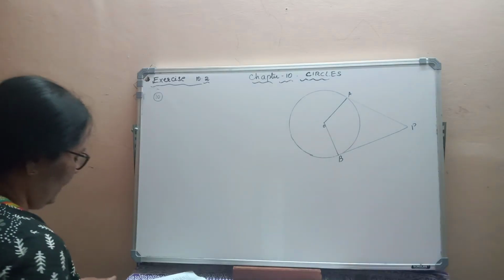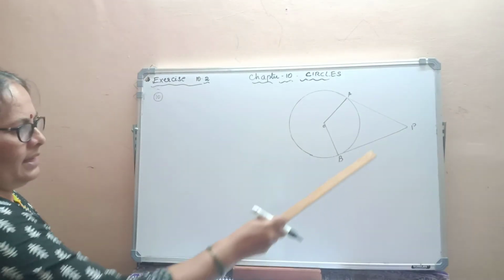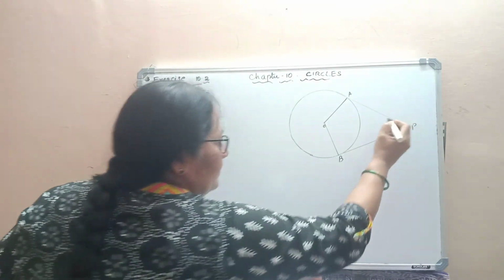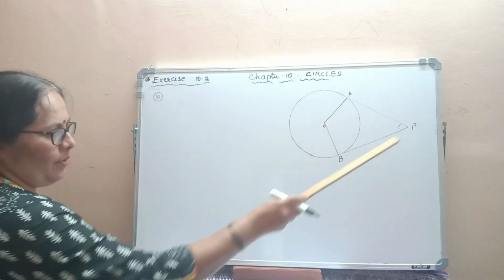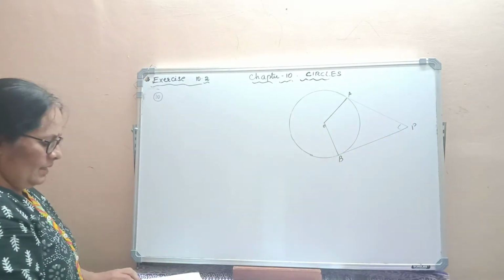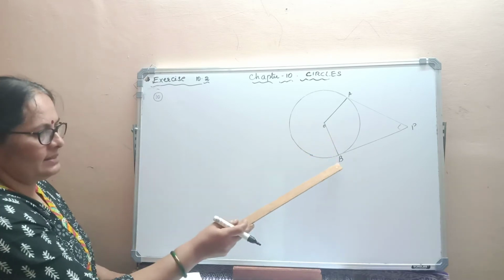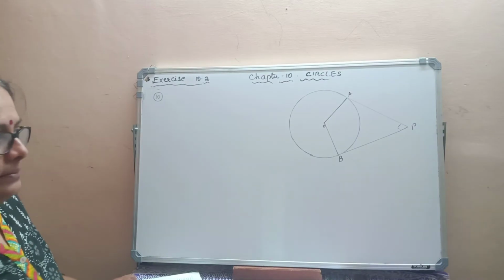In question number 10, prove that the angle between the two tangents from an external point to a circle is supplementary to the angle subtended by the line segment joining the points of contact.